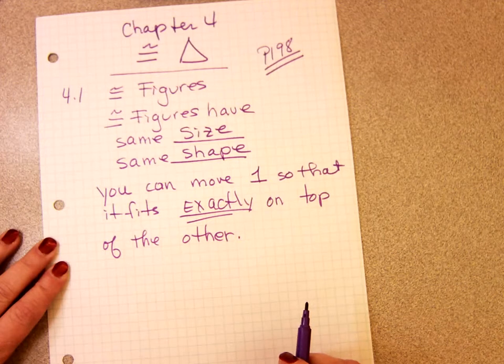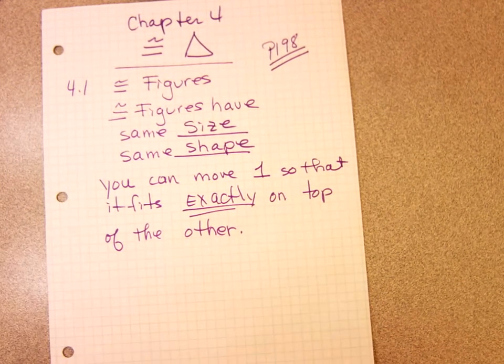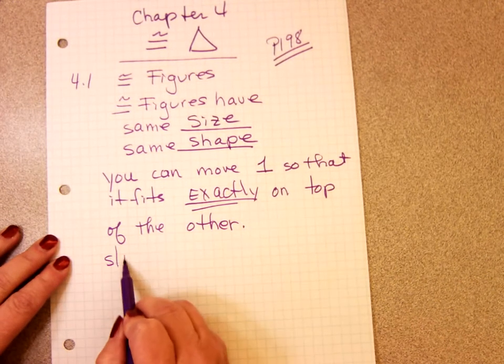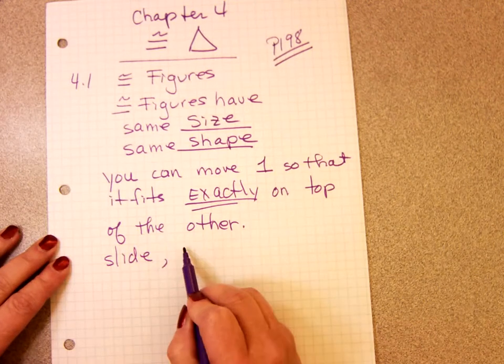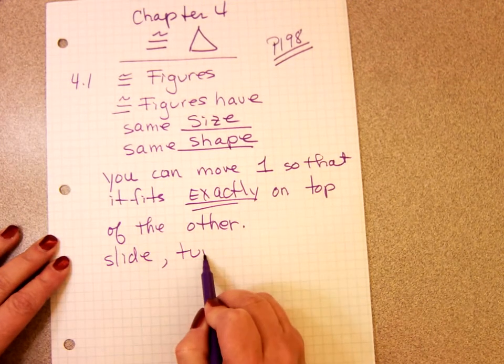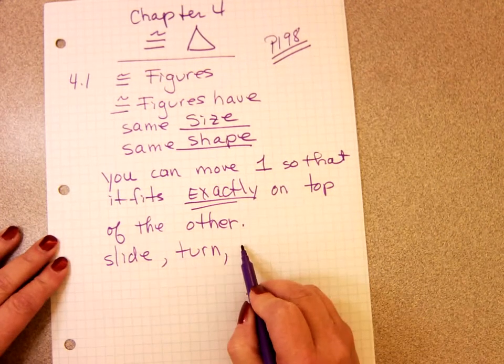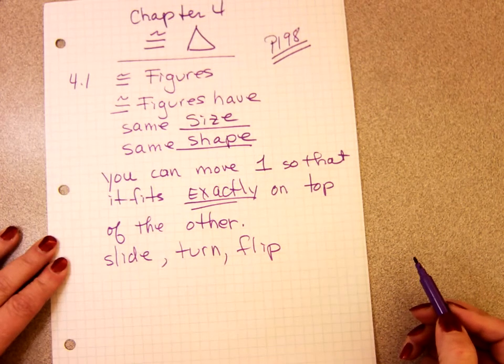So again, if you're looking at page 198, you'll see some teal color shapes, and it talks about sliding one so that it's on top of the other, turning one and moving it on top, and flipping so that it's on top.